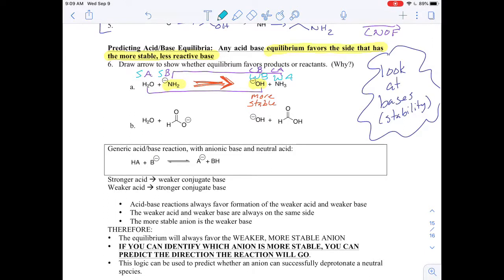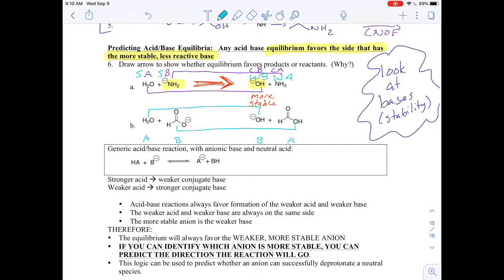Let's look at another one here quickly. So again, here are the partnerships. What is this doing? This is an acid, right? So this must be the base. So automatically the partnerships have to be base, and this has to be acid. So which base is more stable?